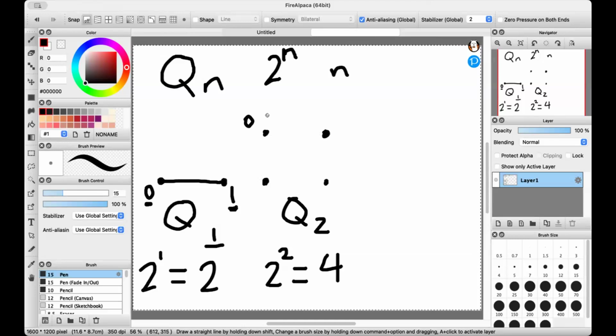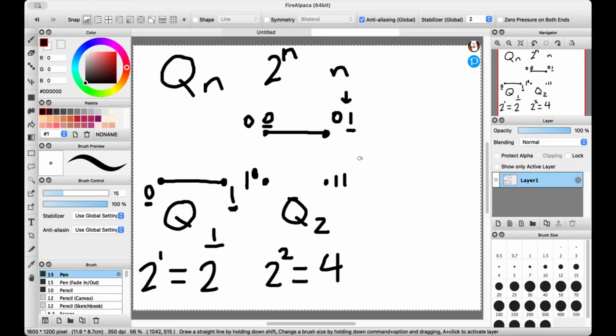So if I call this one 00, this one 01, this one 10, and this one 11, the ones that have to be connected to each other are the ones that differ by 1 in only 1 place. Since this one differs by 1 in the ones place, these two have to be adjacent. So I have to draw an edge connecting them.